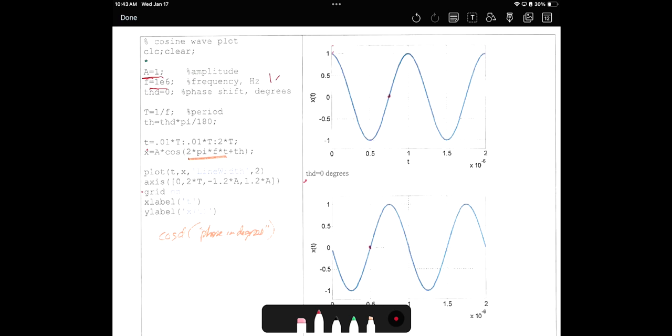So here 1 times 10 to the power 6, which is 1 megahertz. Then theta d is the phase shift. We call it theta d. Then the period is 1 over the frequency. If we need to assume any theta d, we can assume it.